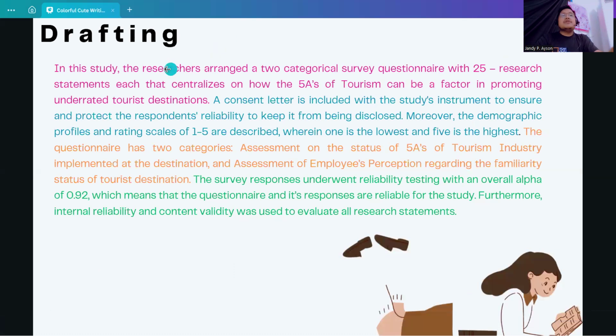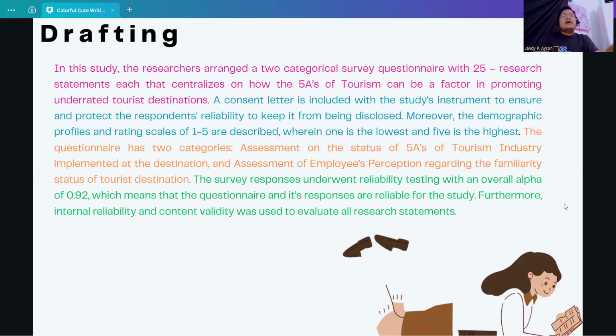So just like an example here, in this study, the researchers arranged a two categorical survey questionnaire with 25 research statements each that centralizes on how the five A's of tourism can be a factor in promoting underrated tourist destinations. Like in this part of the sentence, sinabi lang naman na ilan yung magiging categories ng survey questionnaires, how many questions per category, and saan nagsicentralize, saan umiikot yung mga tanong or yung mga statements sa survey questionnaire na nandito.